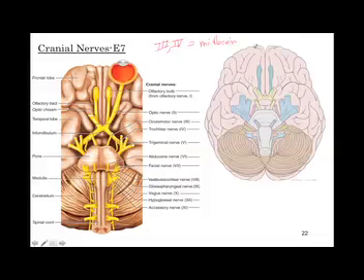So that kind of makes sense that these two would be there. Cranial nerves 5 through 8 are associated with the pons. And cranial nerves 9 through 12 are associated with the medulla oblongata. Well, just MO.